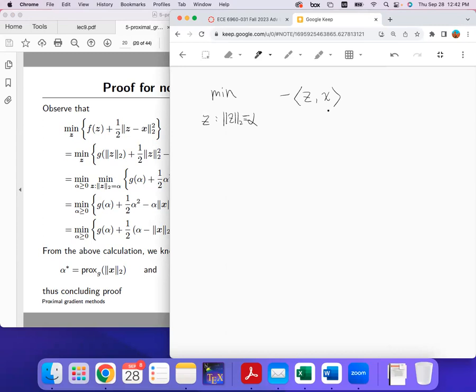And this is a very simple linear programming problem. We are looking for the vector z with L2 norm alpha that has the maximum correlation with vector x. Right, because I can ignore the negative sign but change minimization to maximization.